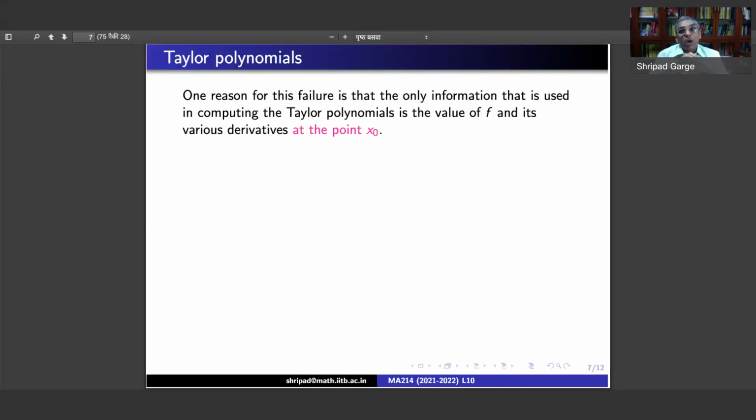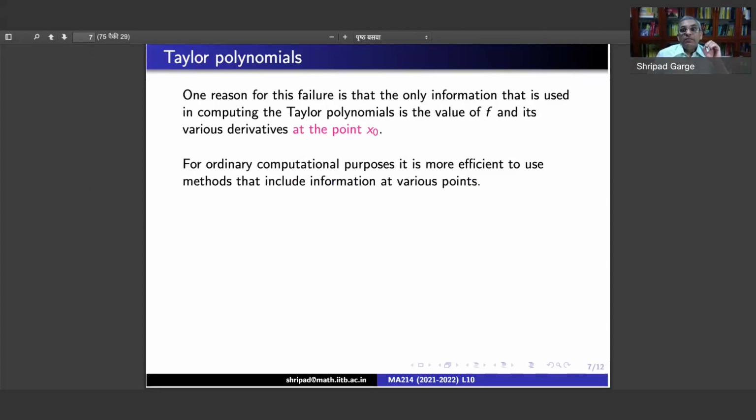That is one problem, which is why Taylor polynomials don't approximate our functions nicely. So therefore, for ordinary computational purposes, it would be more efficient to use better data. That means you should have information at various points and then try to interpolate that data. This is what we should try to do.